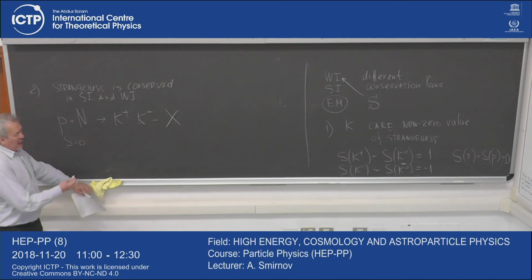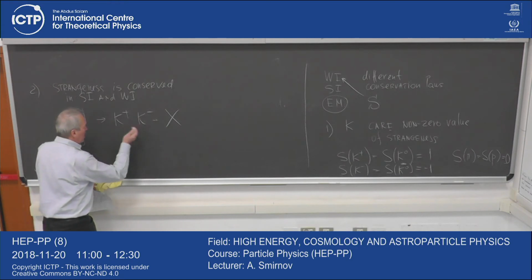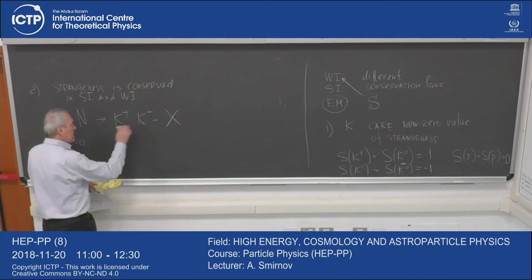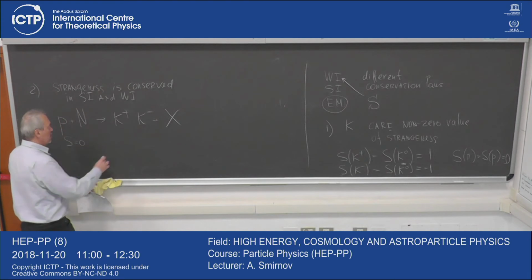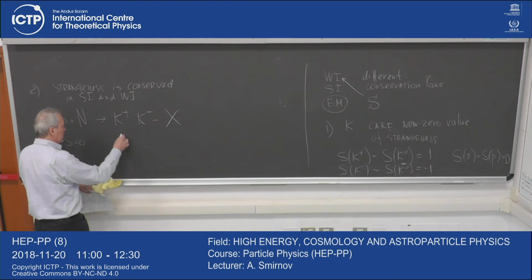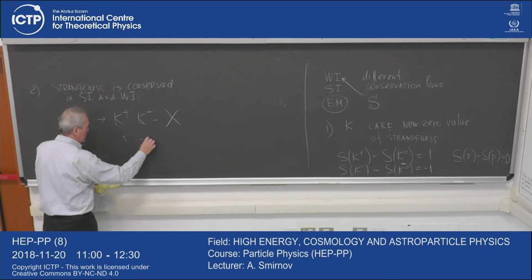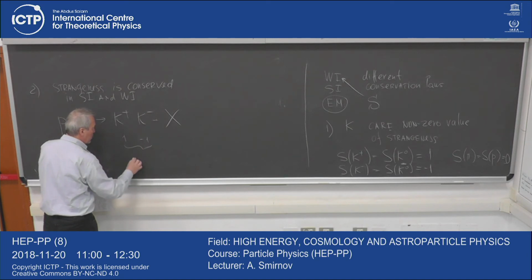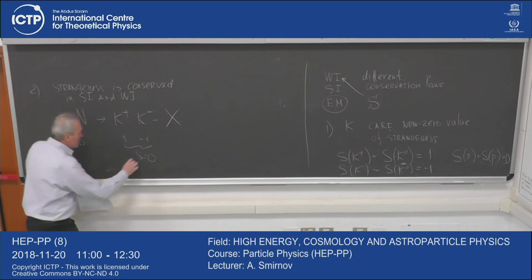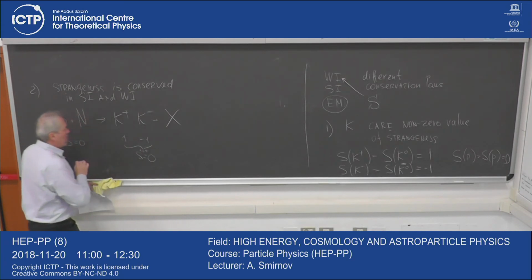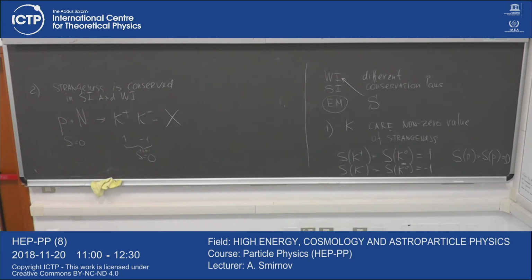And strangeness is conserved, and therefore in the final state you should have strangeness 0, and in fact this is what happens. This has strangeness plus 1, this has strangeness minus 1, and therefore the total strangeness in the final state is also 0. So for this process strangeness is conserved, and therefore it can go through the strong interactions.